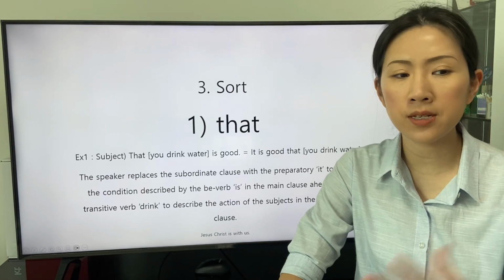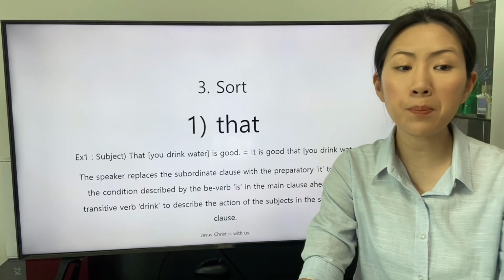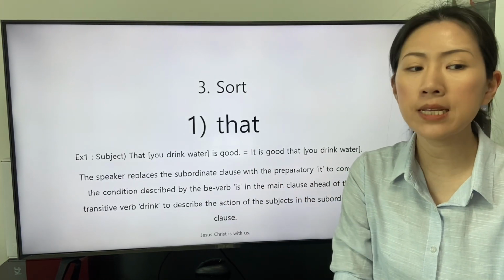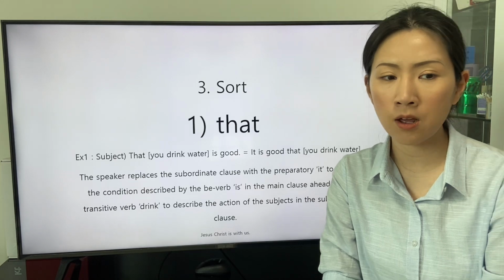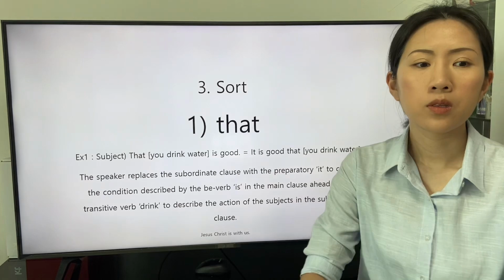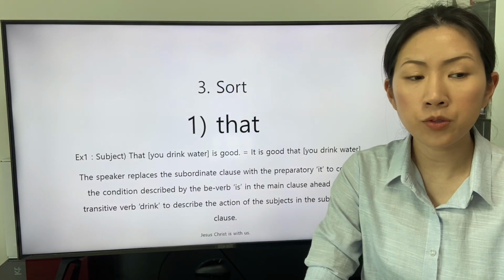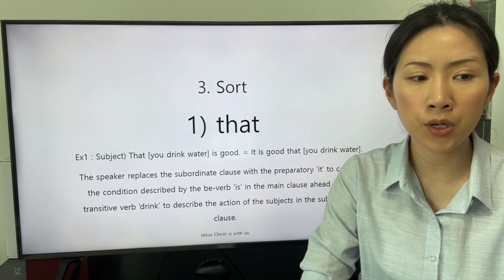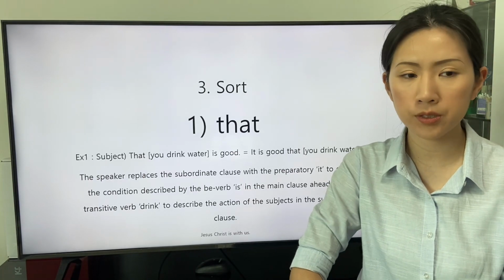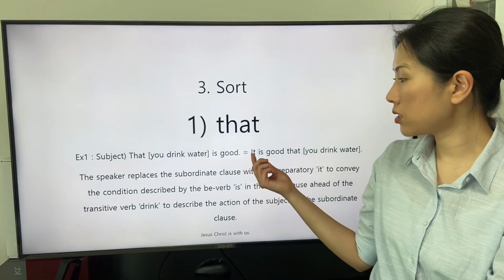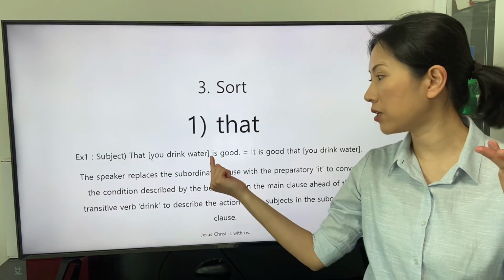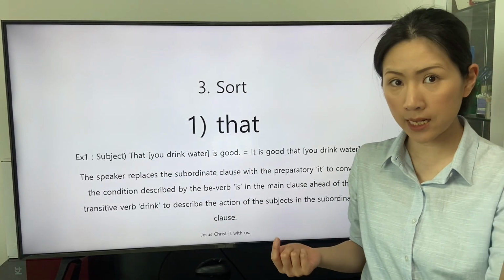The speaker replaces the subordinate clause with the preparatory it to convey the condition described by the be verb is in the main clause, ahead of the transitive verb drink to describe the action of the subject in the subordinate clause. The speaker replaces the subject of the main clause with the preparatory it.